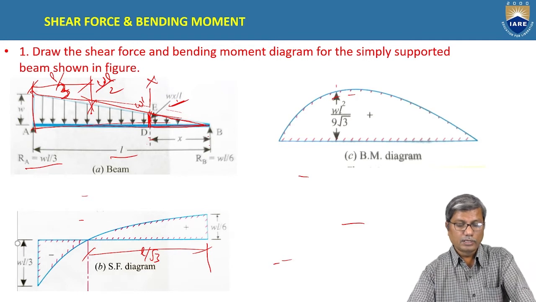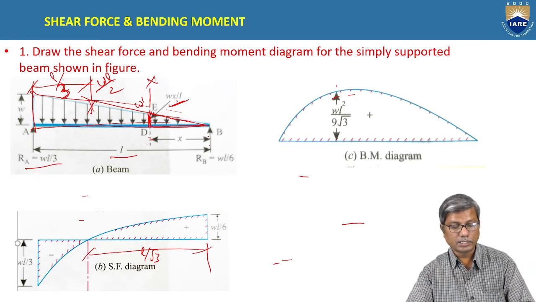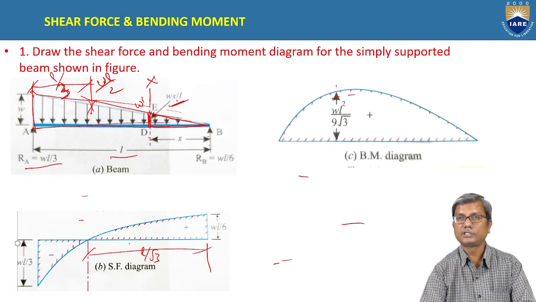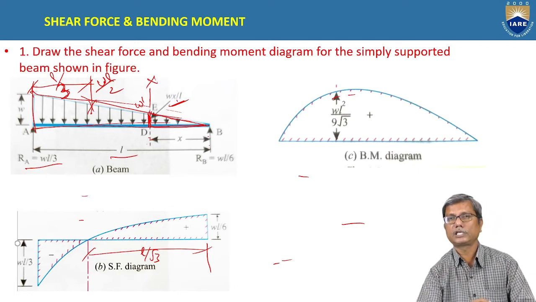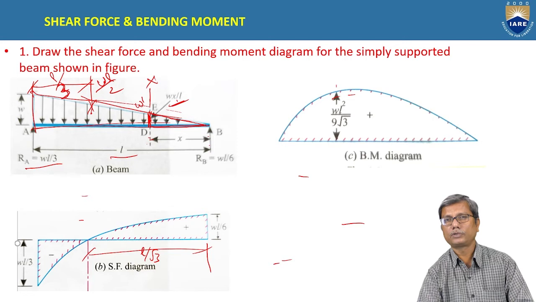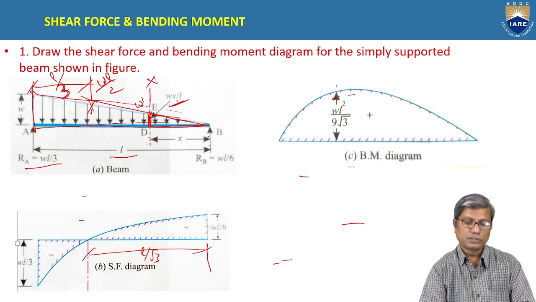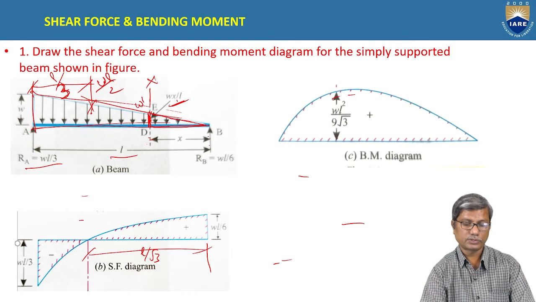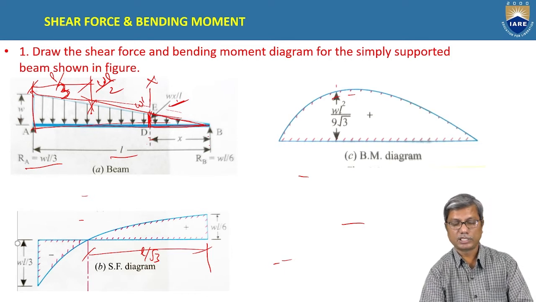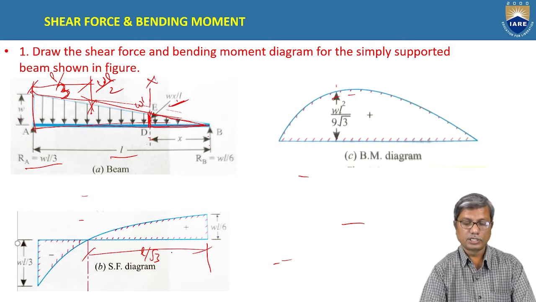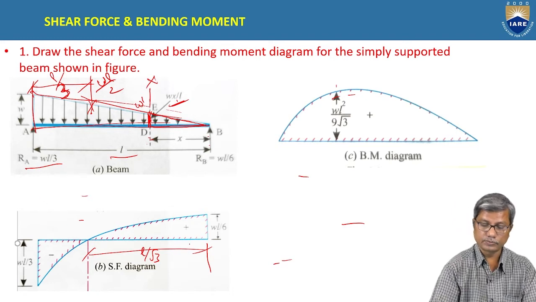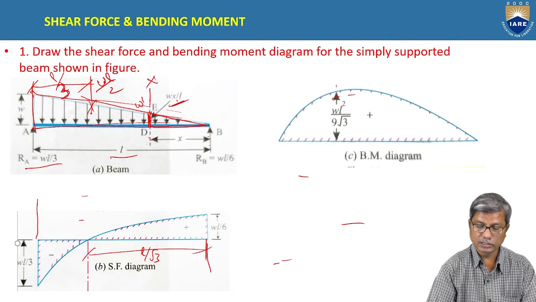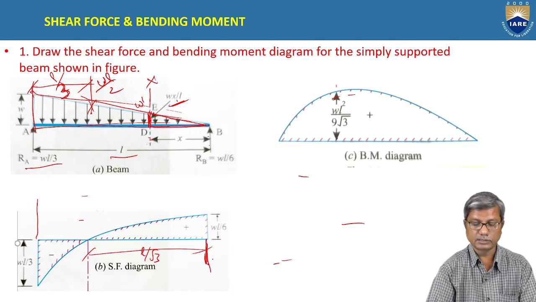The shear force at A, as I told you, this sign convention for shear force is exactly opposite to that which we have assumed. So actually this is positive for us, positive shear force for our sign convention. So WL by 3 you will get positive, and WL by 6 here negative.